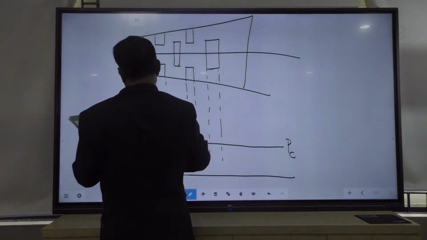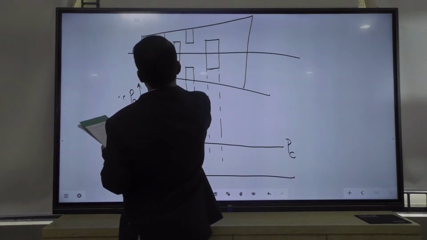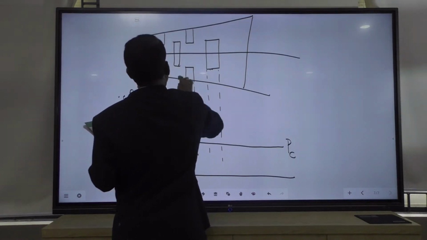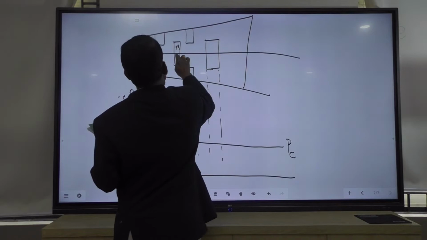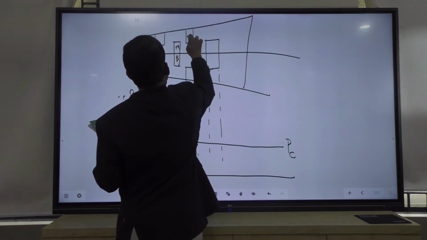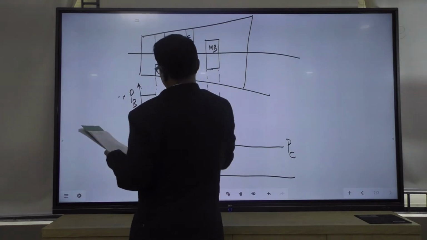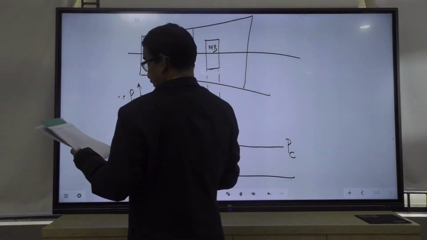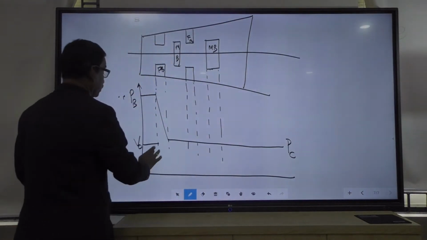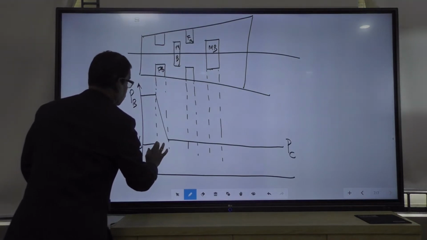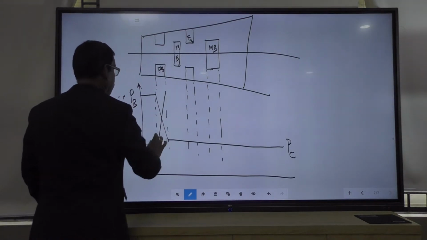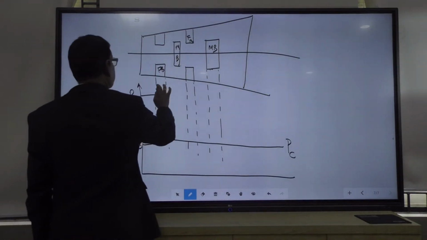Initial velocity V0 in the fixed blade, this is the fixed blade and this is the moving blade. Again this is fixed blade, this is moving blade. So in the fixed blade, as I have already told, it acts like a nozzle, so here the velocity increases, V0 to V1.